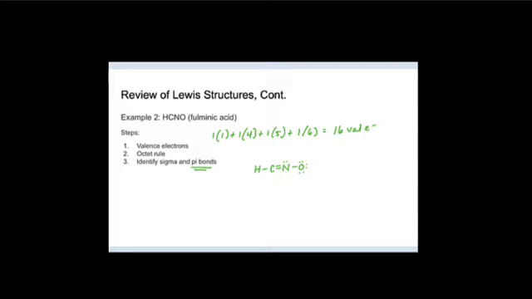Well, nitrogen has a lone pair. And so theoretically, we could give carbon back its lone pair, and nitrogen could actually double bond with the oxygen.